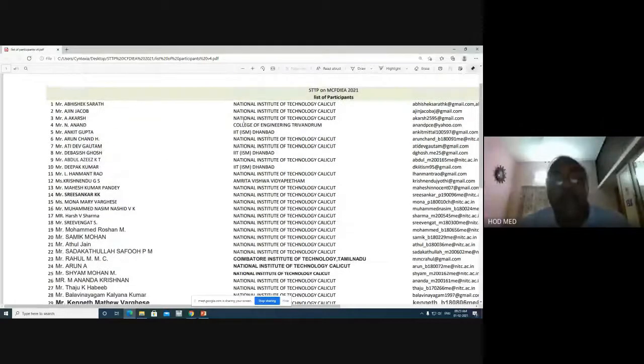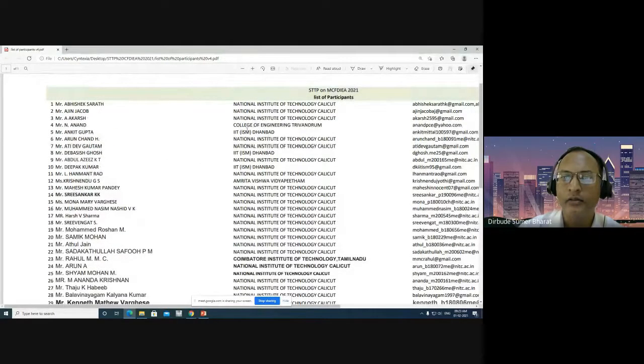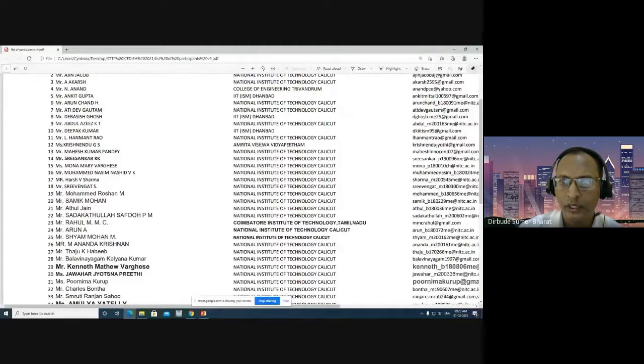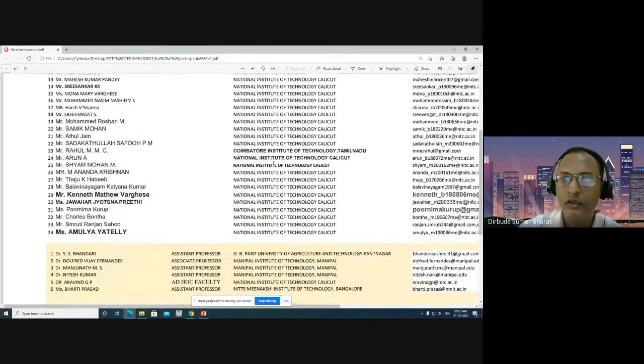We have participants from NIT Calicut, College of Engineering Trivandrum, IIT ISM Dhanbad, Amrita Vishwavidyapeetham and Coimbatore Institute of Technology, Tamil Nadu.